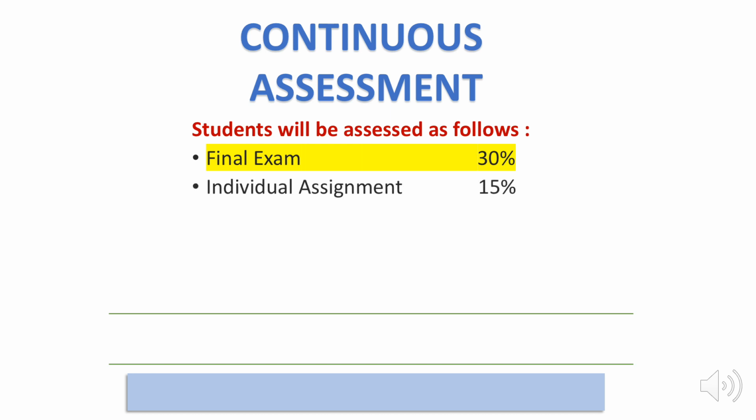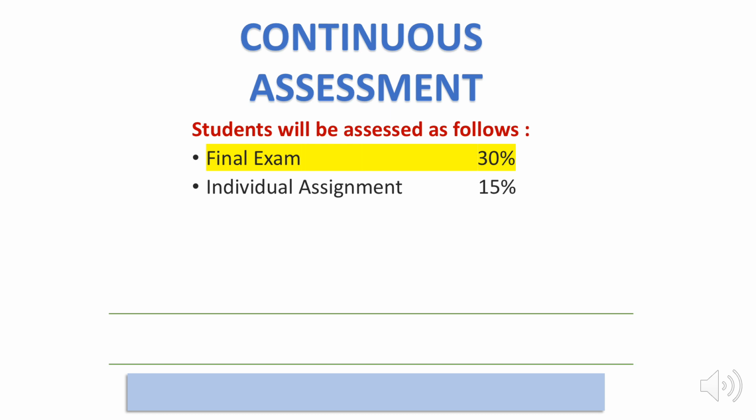In the individual assignment, you have to do assignments for 3 applications: Word, Excel and Access. Each assignment is 5%. You can refer to the assignment evaluation that I will explain after this.